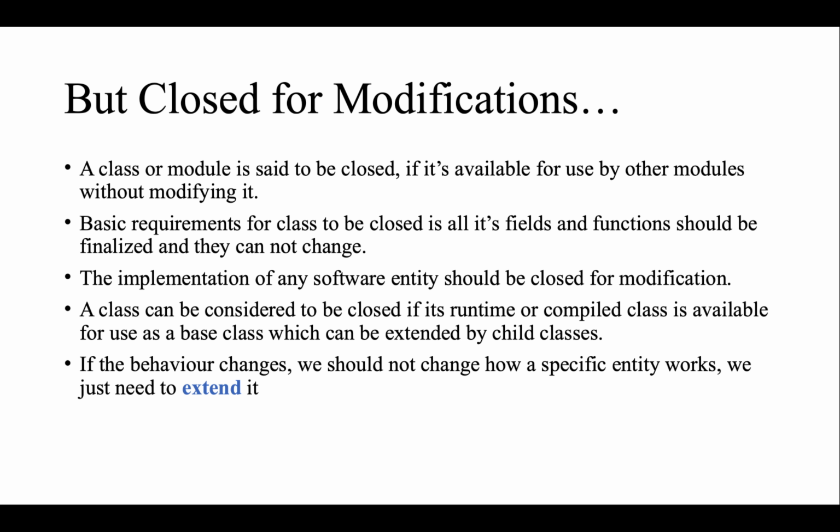The implementation means our compiled code. A class can be considered to be closed if its runtime or a compiled class is available for use as a base class, which can be extended by child classes whenever required. If the behavior is changing, we are not allowed to change how a specific entity works. However, we just need to extend it and add the new behaviors.